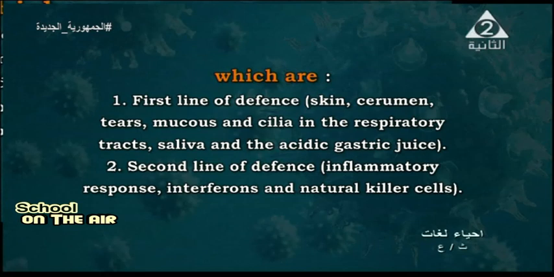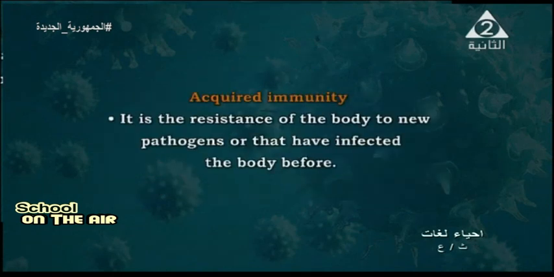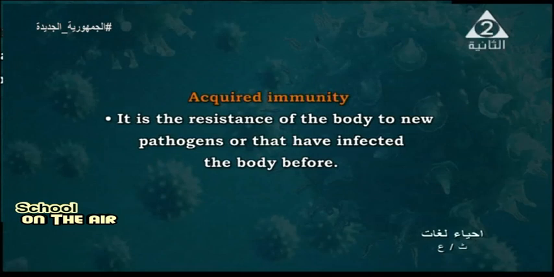Okay, this is named the first line of defense. What is the second line of defense? Inflammatory response, interferons and natural killer cells. What is the acquired immunity? It is the resistance of the body to a new pathogen or one that has infected the body before.